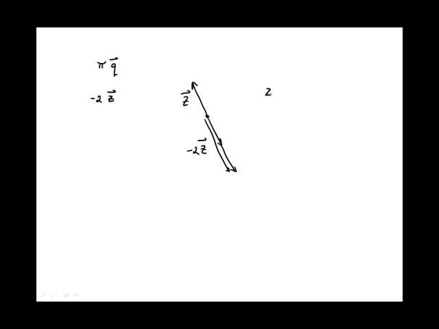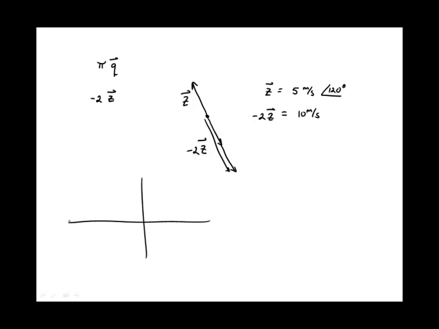So if z were equal to, say, 5 meters per second at an angle of 120 degrees, then negative 2 times z would have a magnitude of 10 meters per second, twice as big, but in the opposite direction. Now that's not negative 120.